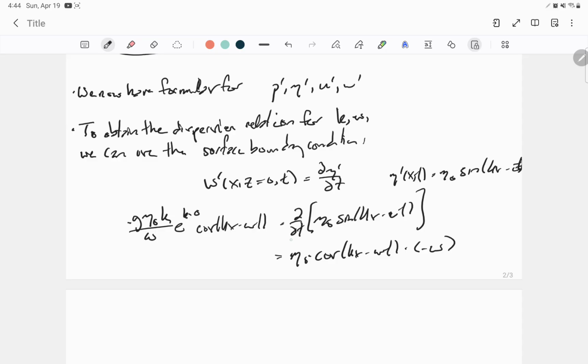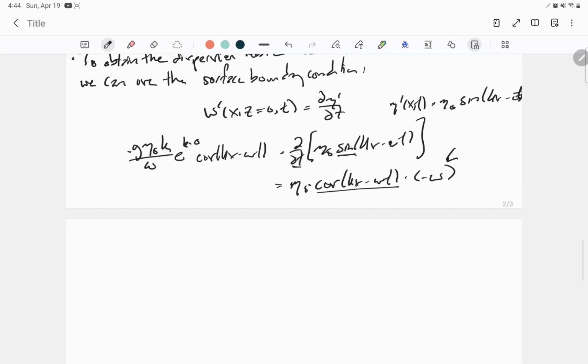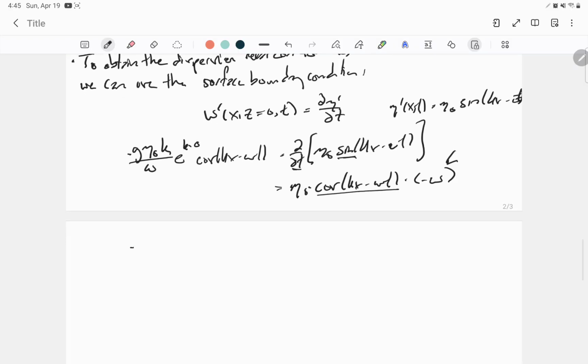So right, when we take the time derivative, we take the derivative of the sine function, that turns into a cosine, and then we multiply by the inside part. So my mistake there, but now our equation is g eta naught k over omega. The cosines on each side of this equation are going to cancel. So we'll get equals minus eta naught omega.